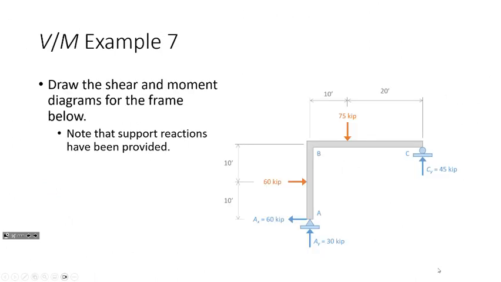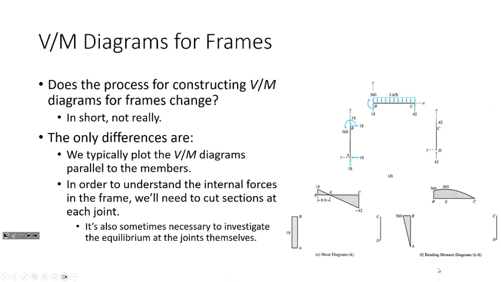And this is going to be the problem that we do, and I'm giving you the reactions. Tomorrow is going to be a really short lecture. I might begin our discussion on deflections on Wednesday just to make sure we're utilizing our time effectively. But really, the shear and moment diagrams for a frame is the same thing as the shear and moment diagrams for a beam, just instead of drawing like this, we turn the member and we're drawing like that.